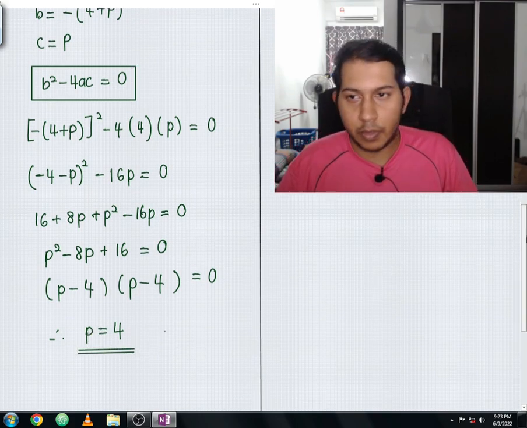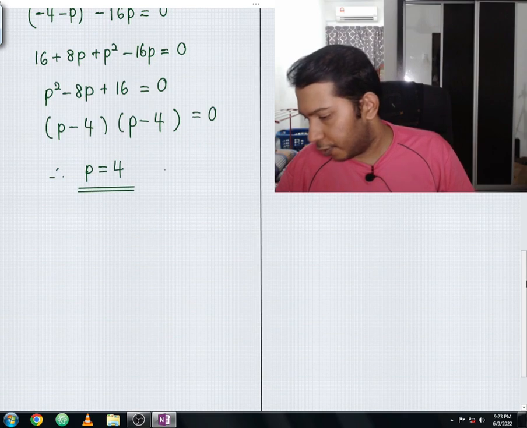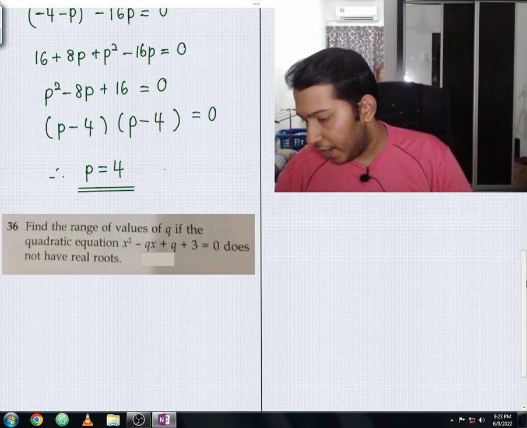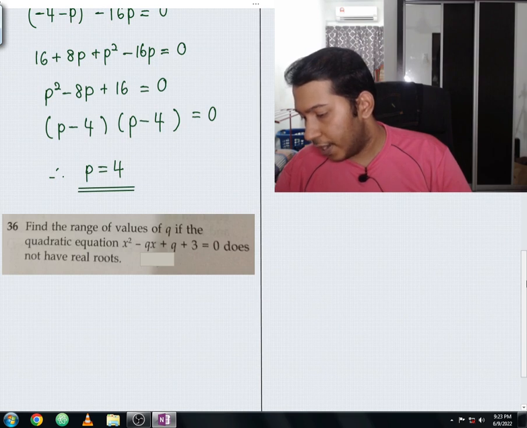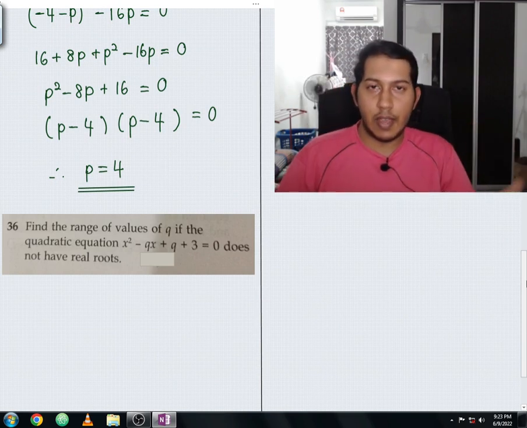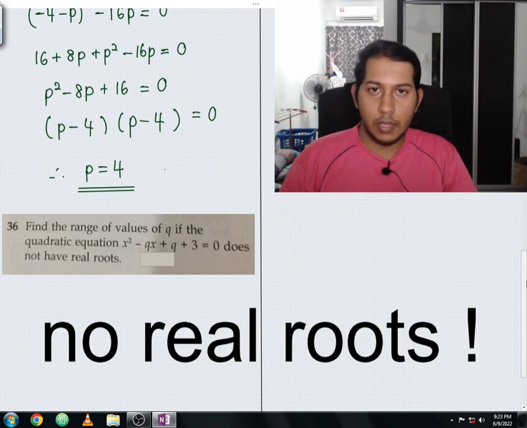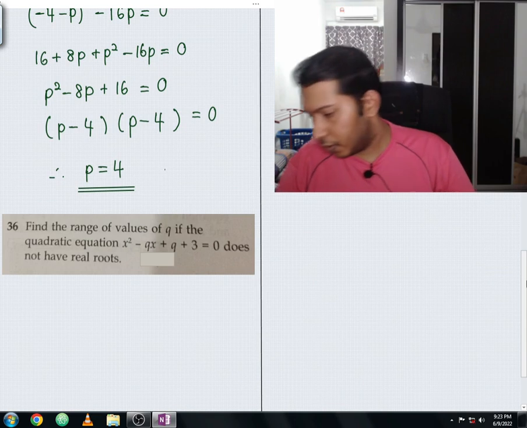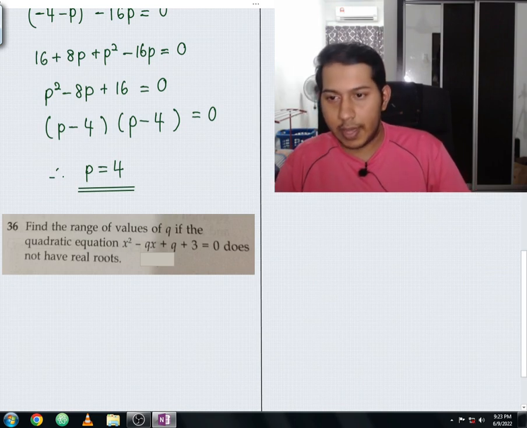Let me solve one more question. Let me read the question now. Find the range of values of q if the quadratic equation x square minus qx plus q plus 3 does not have real roots. In this case they are asking for no real roots. The working is still the same.